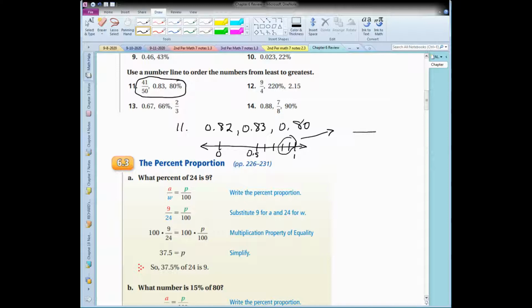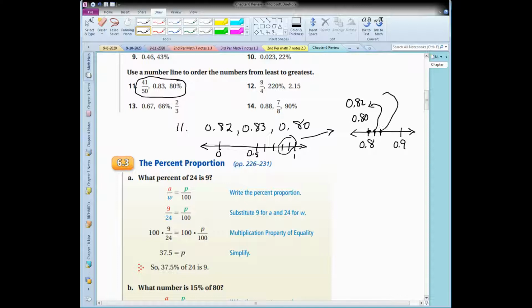So you can actually magnify that. And let's say this is 0.8 and 0.9 on the number line, and 0.80 is right there. 0.82 would be next. That would be about right there. Okay, 0.82, and then 0.83 would be right next to it, right there.